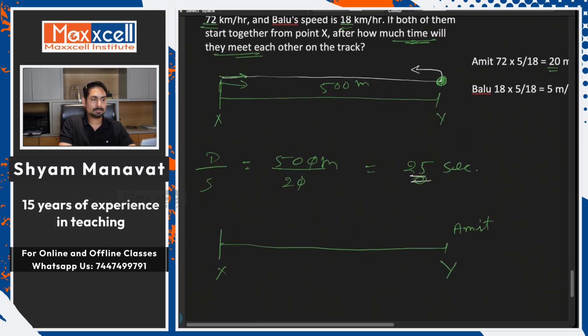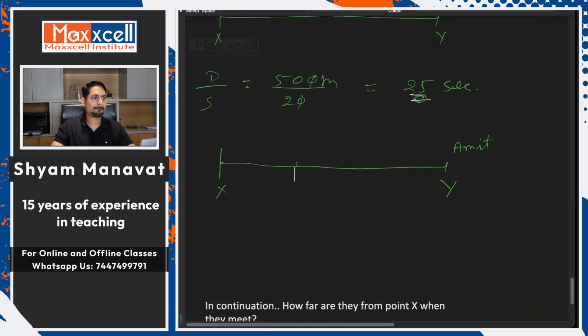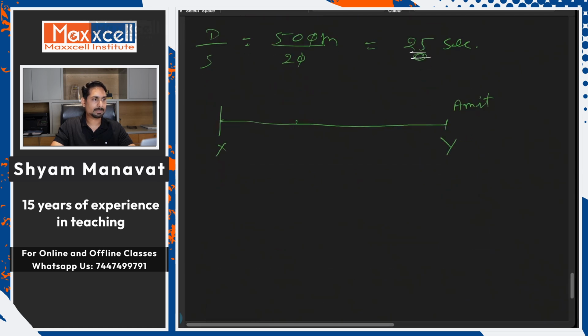That means how much distance has Balu traveled? The distance traveled by Balu here will be equal to Balu's distance in 25 seconds.